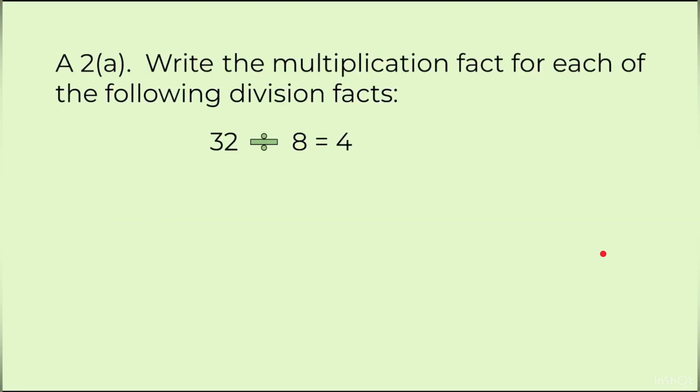Question 2 was to find the multiplication fact for the given division fact. So here we will multiply 8 and 4 and write 8 into 4 is equal to 32. That is our multiplication fact. We always have one multiplication fact related to a division fact. So we will only have a one-line answer. That is 8 multiplied by 4 is equal to 32.